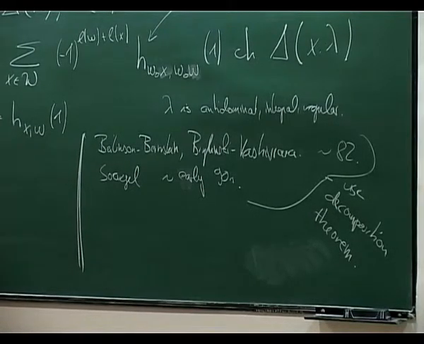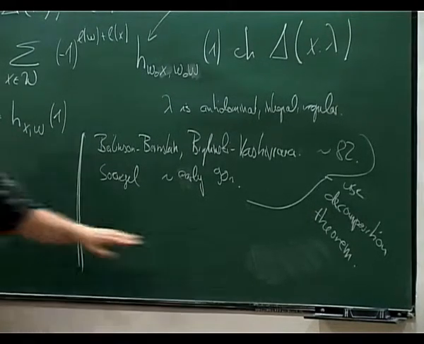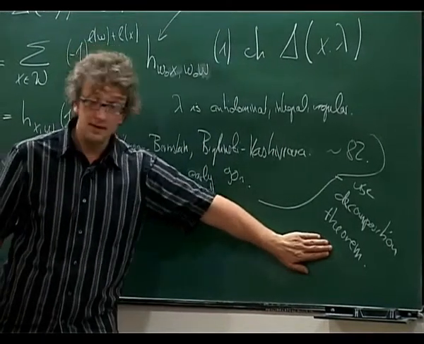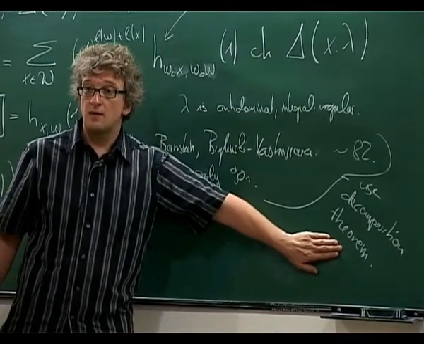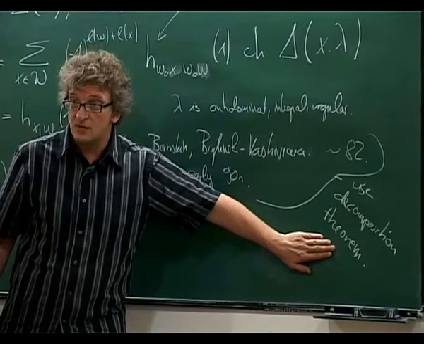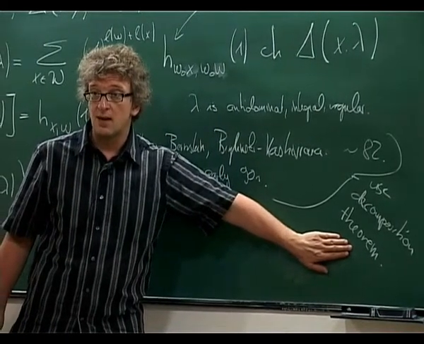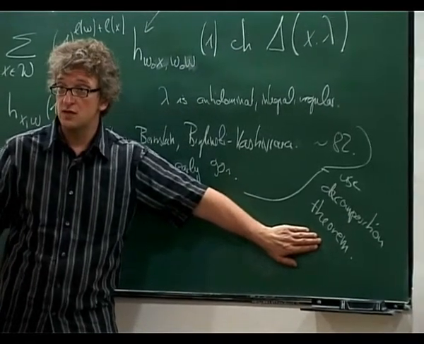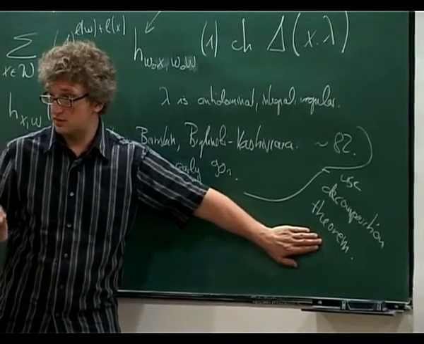Then Saito found a different proof, and then de Cataldo and Migliorini came up with a new proof of this, which didn't use characteristic p methods, in 2005.